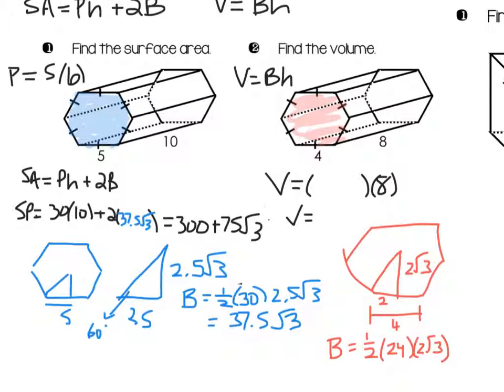And that's going to give me that my area of my base is 24 square root 3. Multiply what's in front, and I get that my volume would be 192 square root of 3.